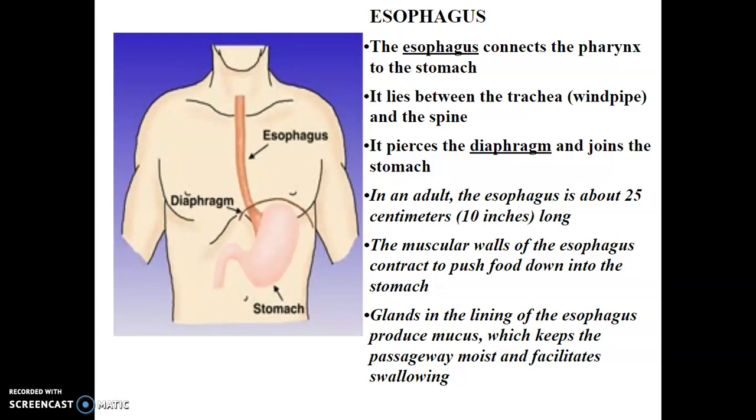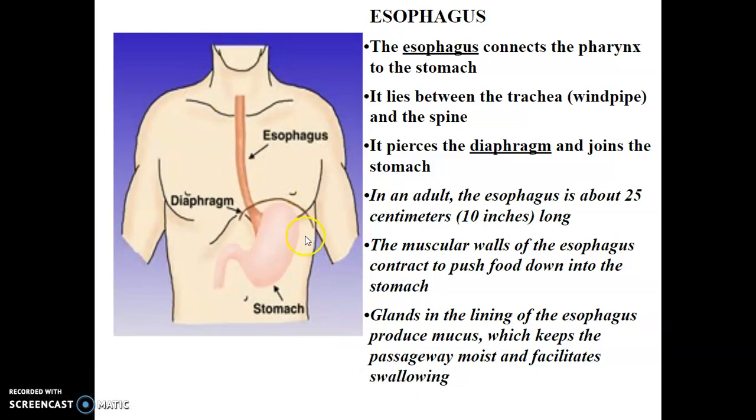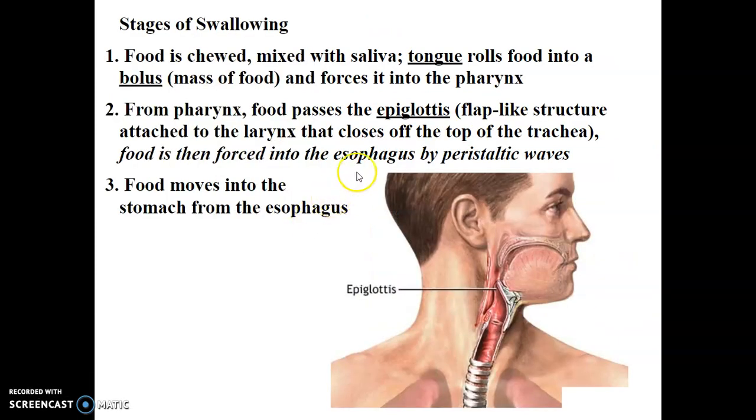So it's in between those two, the trachea being more towards the front of the body, and the esophagus being a little farther back, but not nearly as far back as your spine. It pierces the diaphragm, which is a muscle here. We'll learn more about it with respiration too. Everything kind of overlaps. It pierces through there and then joins into the stomach, which it just joins seamlessly.